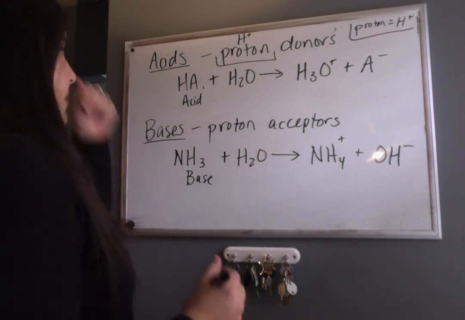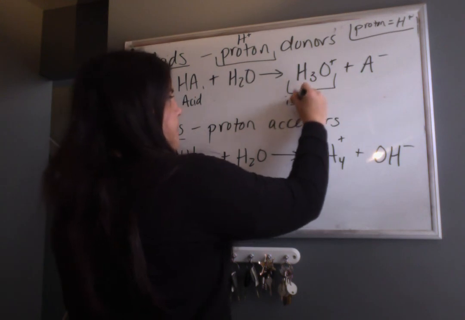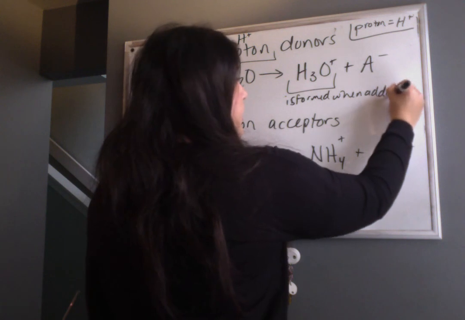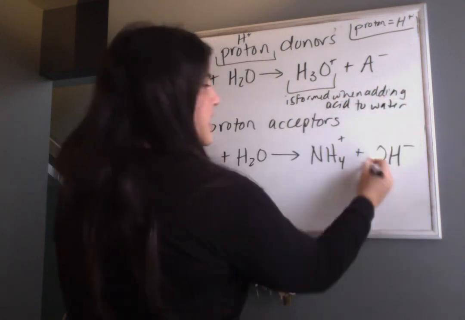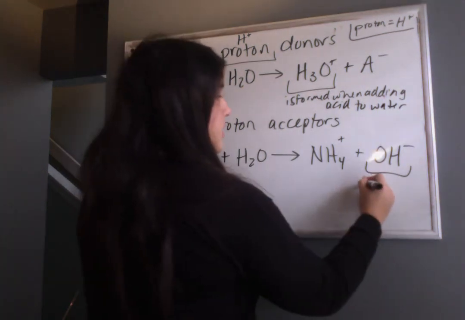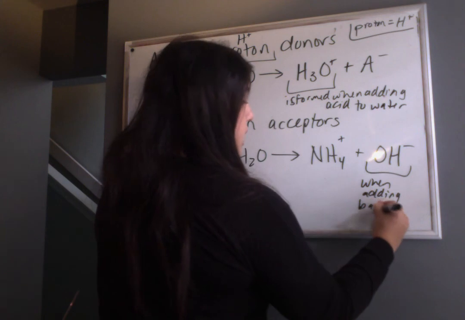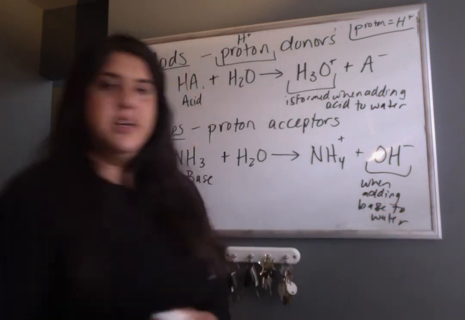So what I can think about is that H3O+ is formed when adding acid to water, and hydroxide is formed when adding base to water. Kind of interesting to think about.